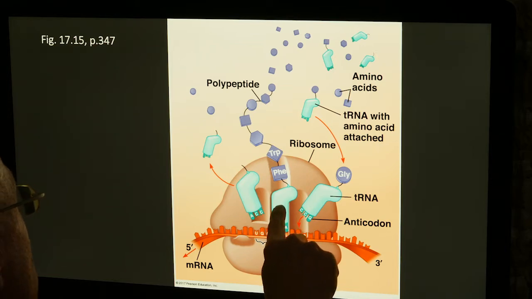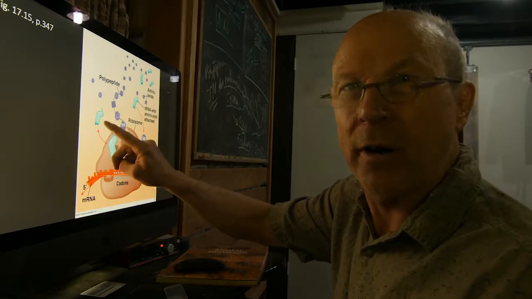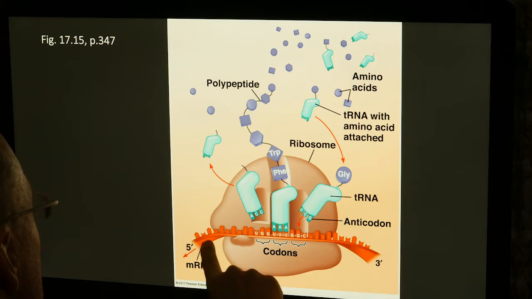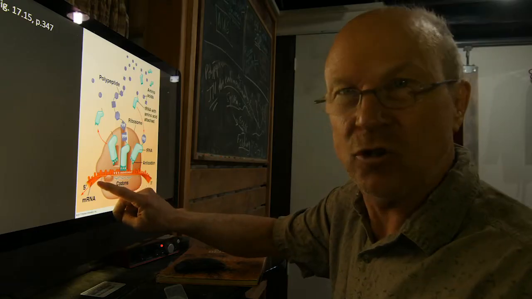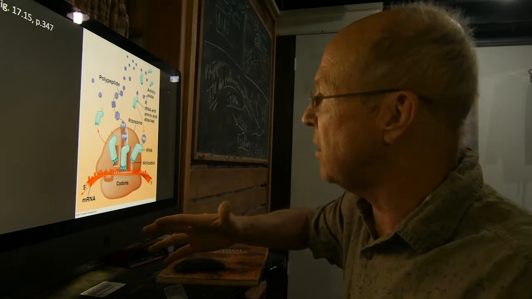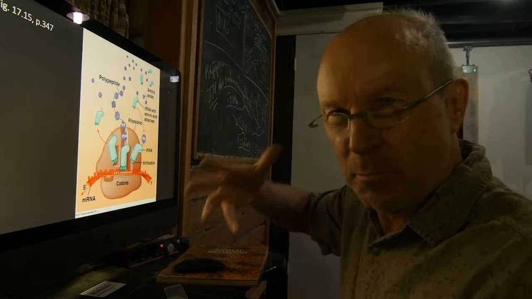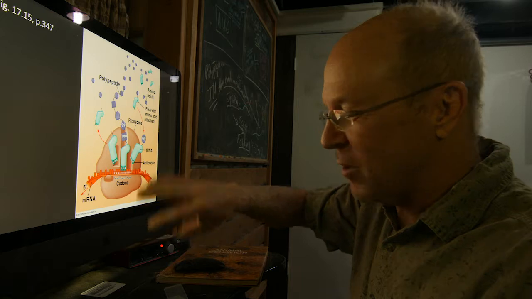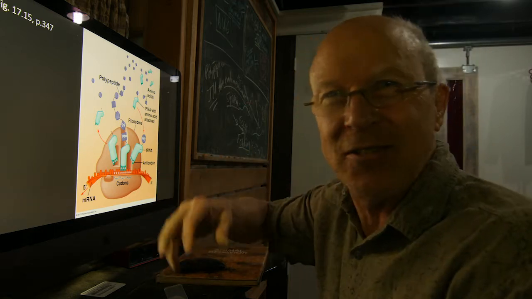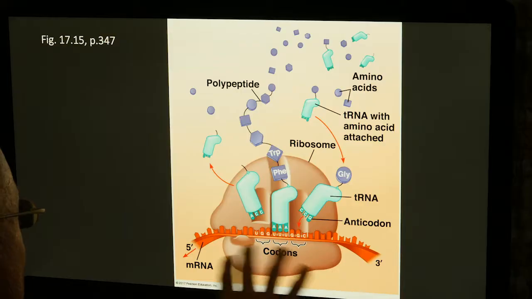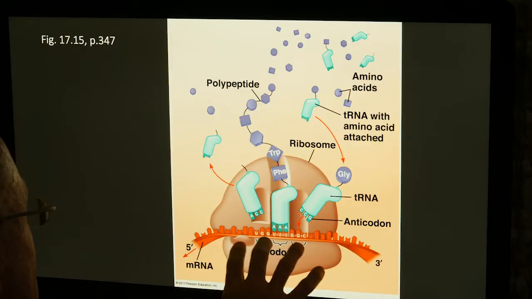These beautiful light blue things are transfer RNA in the cartoonistic form. And this red thing, in a less cartoonistic form, is our messenger RNA that had already been through all of that processing. We had spliced and gotten rid of the introns and linked together the exons, and it's fabulous. So this thing's passing through.